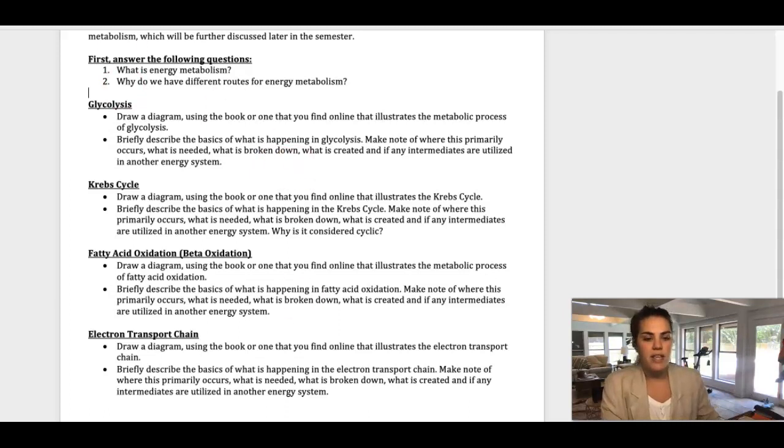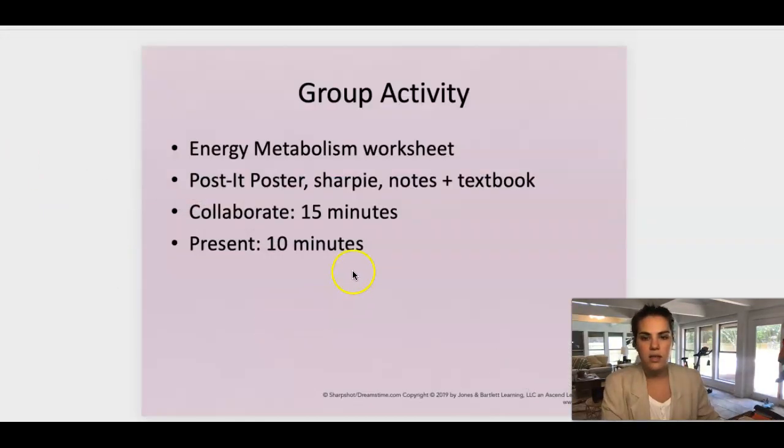So I'm going to give you guys 15 minutes to collaborate, think about some of those answers, write on your Post-it paper, and then after those 15 minutes, we're going to present those to the class.